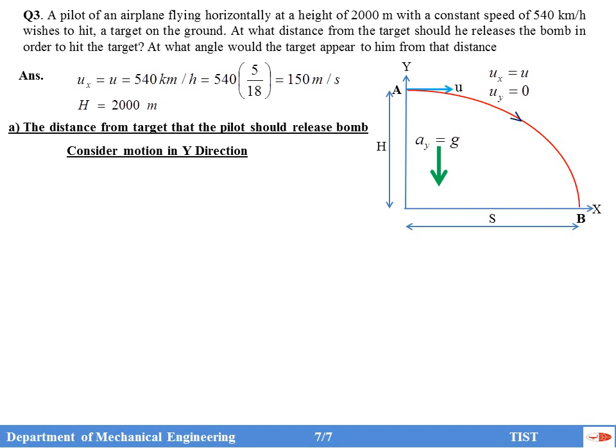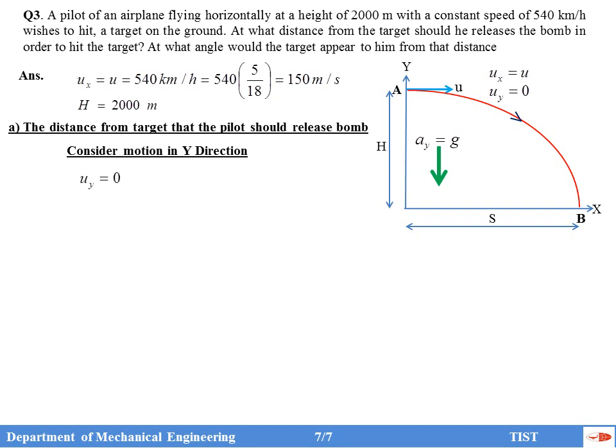After finding out the time only, you can find out s, or the distance from O to B. So in order to find out the time taken by the bomb to reach from A to B, you consider the motion in y direction.